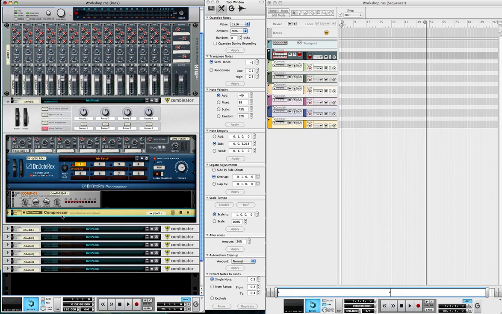So compression, what is it? What's the purpose of it? In a nutshell, compression is a way of controlling dynamics, the dynamics of some audio signal.